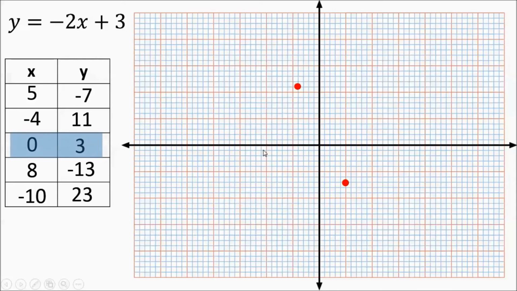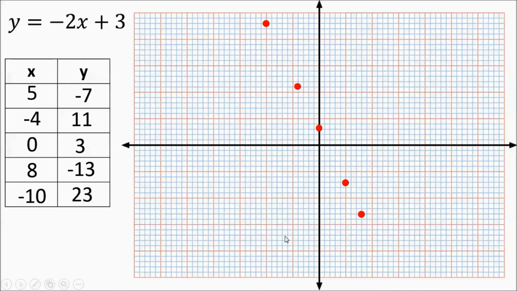That means we're not going right or left, but we're going up 3. Then we have 8, negative 13, right 8, down 13. Negative 10, 23, that's left 10 and up 23. Left 10 and then up 5, 10, 15, 20, and then a little bit more.